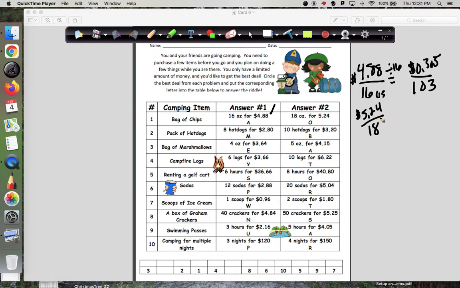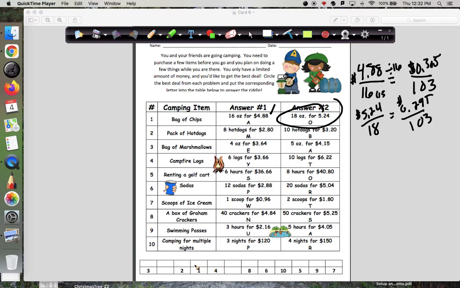So that means we're going to do 5.24 divided by 18. And we get 29 cents for 1 ounce. So that means that's correct. That is the better deal.